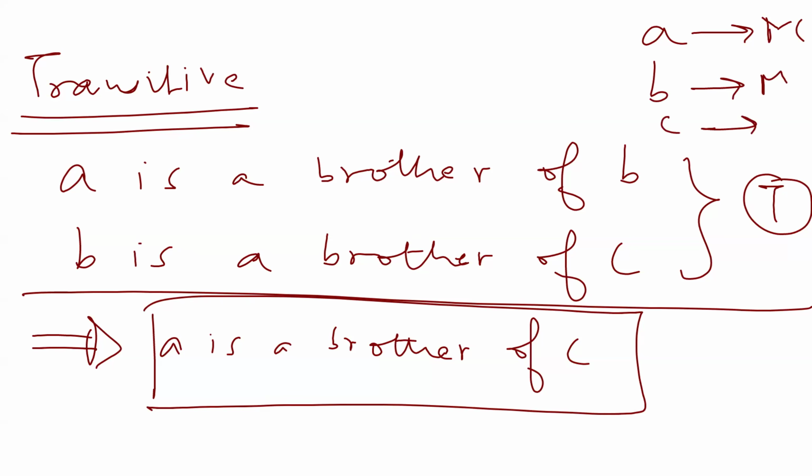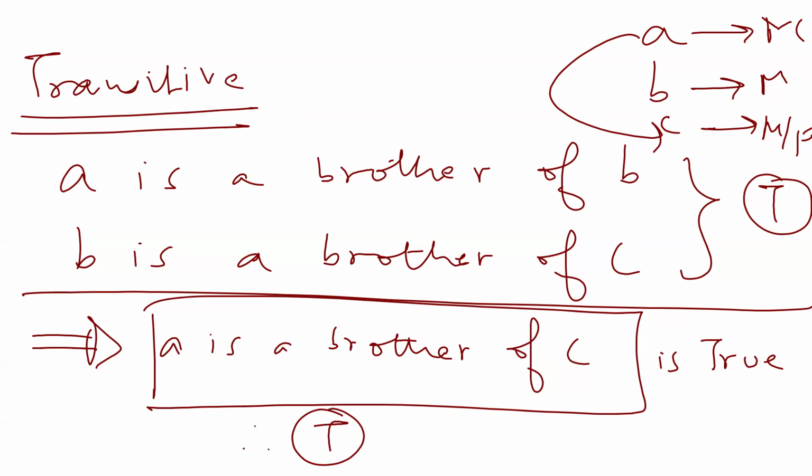Now what is C? Male or female? It is male or female. So in that connection, is A a brother of C? Is this true? Yes. Therefore, it is transitive.